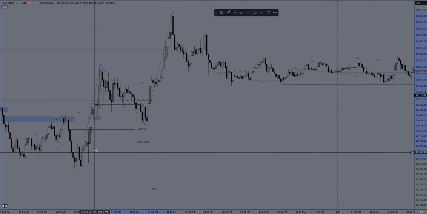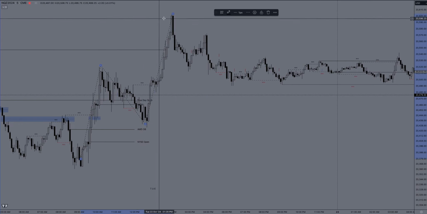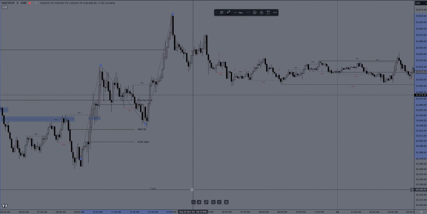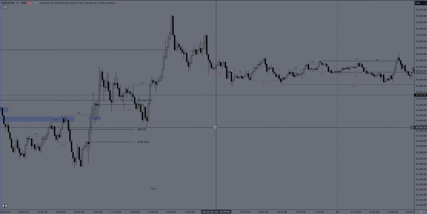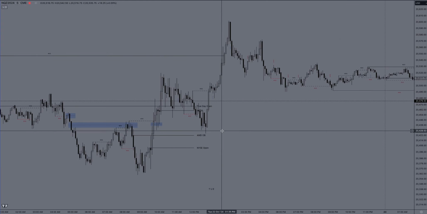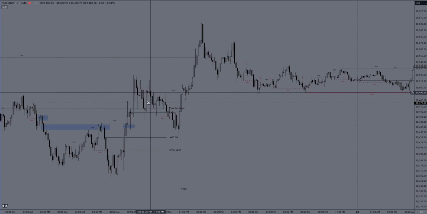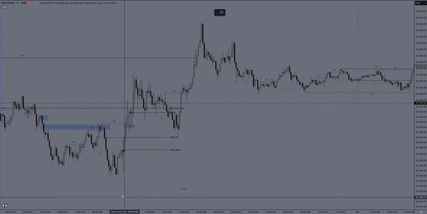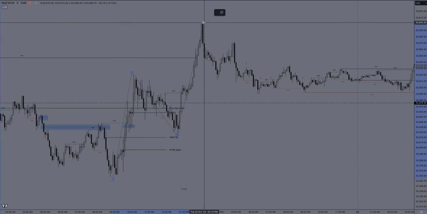It looks like this is the back, this is the arm, and this is the forearm doing the uppercut. That's just what I call it personally. I'm sure many people before me called it something else. I don't know, it's some type of pattern or whatever. I don't trade patterns, so I wouldn't subscribe to that. But it's just basic market structure, pull back and extension to the upside.